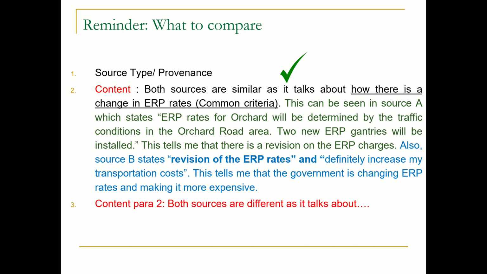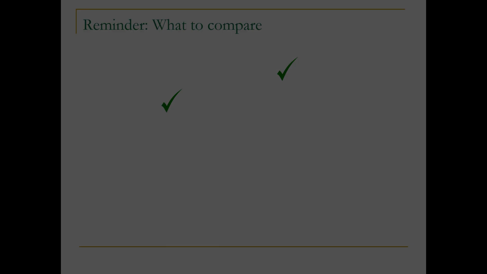So this is my similarity paragraph. Content paragraph number two: both sources are different as they talk about a common criteria. But for the purpose of today's lesson, I will just show you the similarity paragraph. But remember, for difference, same concept: common criteria, evidences from both sources, and then in your explanation, make sure that you talk about how exactly the sources are different.